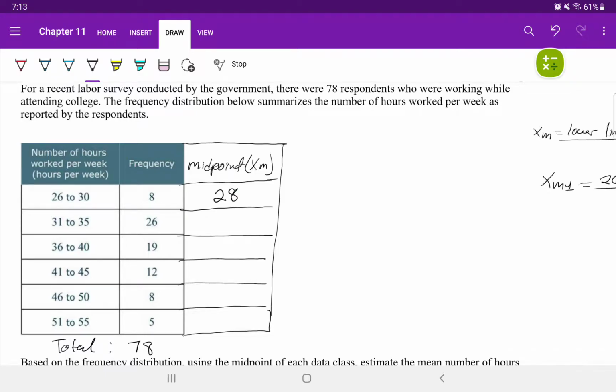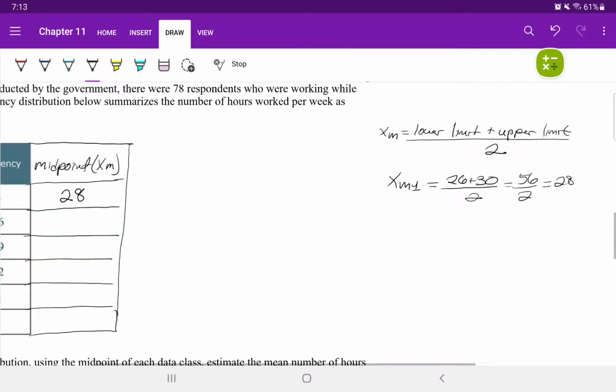Let's find the next one for 31 to 35. 31 plus 35 divided by 2. That's going to be 66 divided by 2, which is 33. Sorry, 33. My apologies.